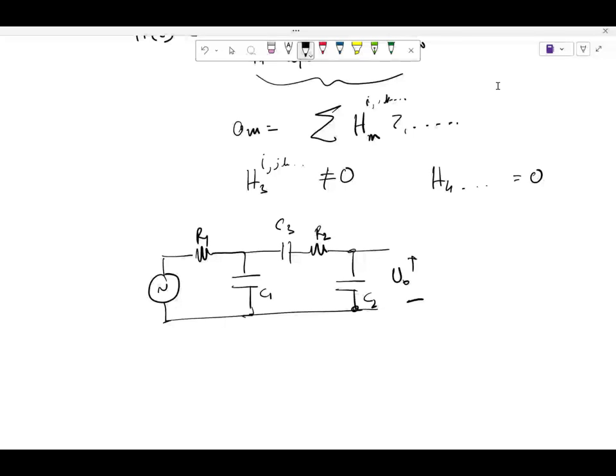I'll get a 0 output, right? If I infinite value C2, same thing. If I infinite value C3, while keeping C1, C2 finite, I'm doing only one at a time now, I'm going to get an output, right? So the number of zeros is at least 1.